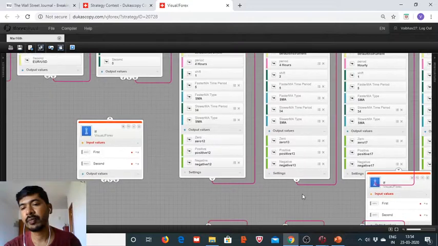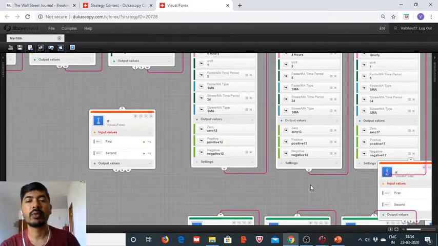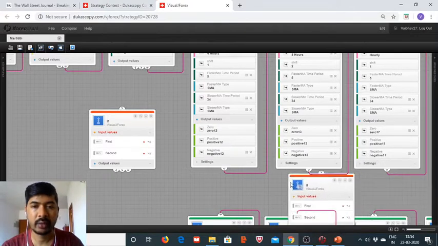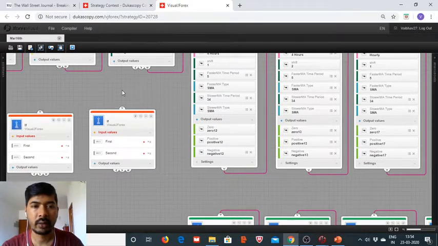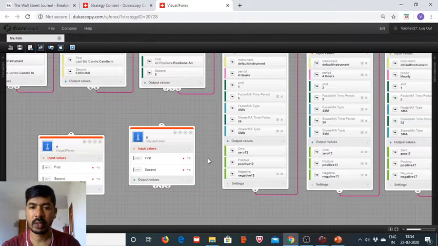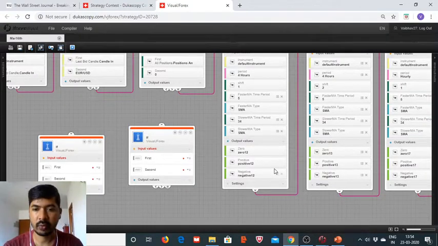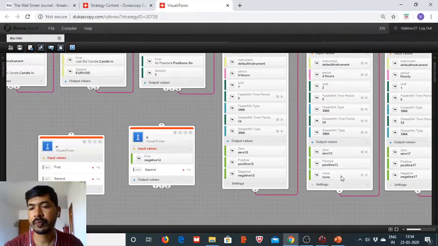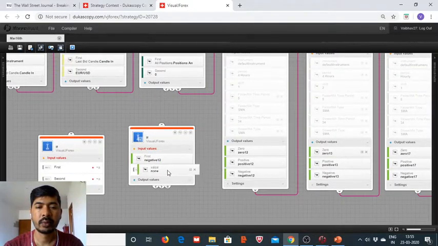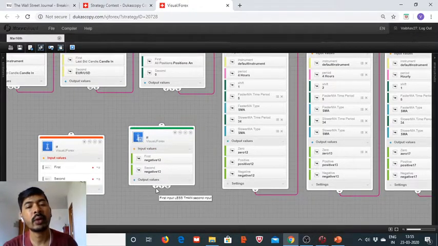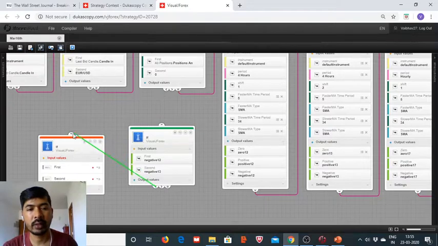We want the negative values to be falling for the sell side. So we bring in this requirement. The negative values, we are going to compare the shift 1 with the shift 2, and the first input should be less than the second input.